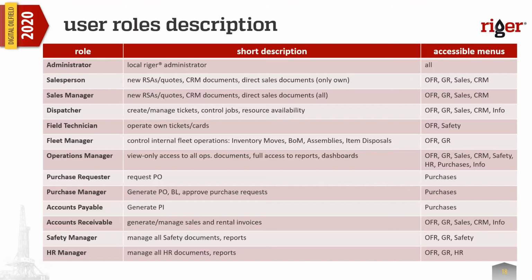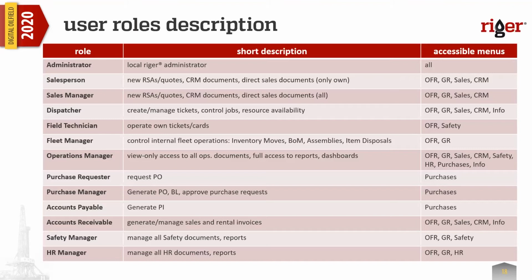He will have access to most operational documents, meaning tickets, repair cards, inspections, maintenance, etc. He will be the one to understand the resource availability, if need be, to transfer maybe equipment from one yard to another yard, which is also a function of the fleet manager, by the way.